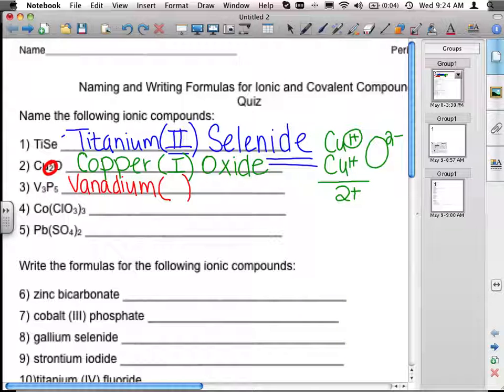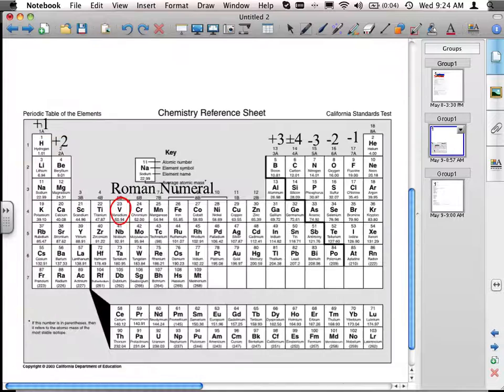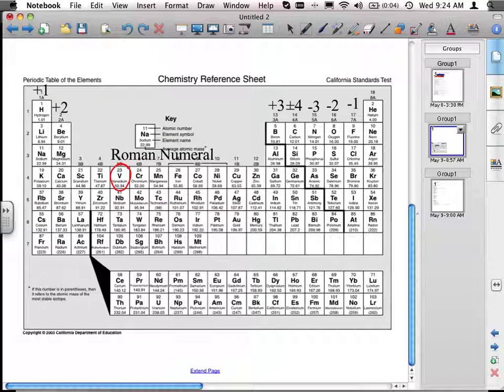To decide what Roman numeral I need, I have to look at my second element that's listed, it's P, which stands for phosphorus. When phosphorus is listed last, it is phosphide. To figure out the charge, I need to go to the periodic table, figure out the charge of phosphorus. Phosphorus is located right here. It is found in the -3 group.